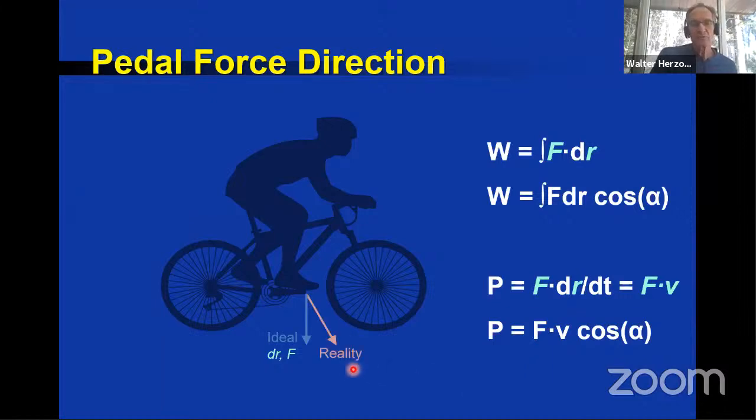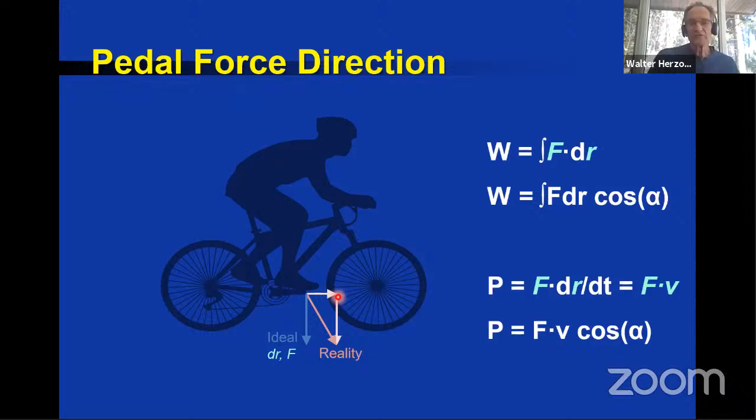In contrast, what people seem to be doing in reality is that in this phase, they don't push in that direction, but they push slightly forward, which then means only a component of this total force would contribute to the work production, and the other component that's directly along the crank, of course, would not produce any mechanical work, and therefore has been considered as being wasted.